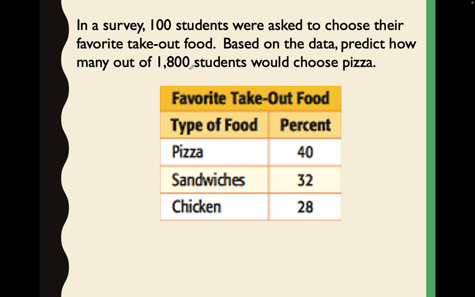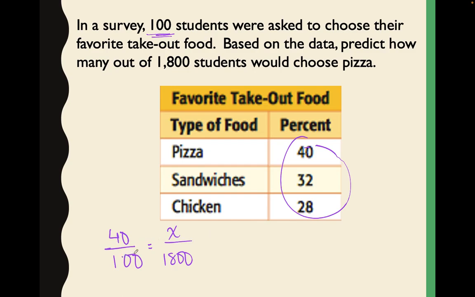In this example, we know that the total number of students surveyed is 100. It tells us this in the problem this time, but you can also add that up. This is the percent of students who chose pizza. That's 40% of 100. And we're trying to figure out what would that be out of the total number of students in the school.